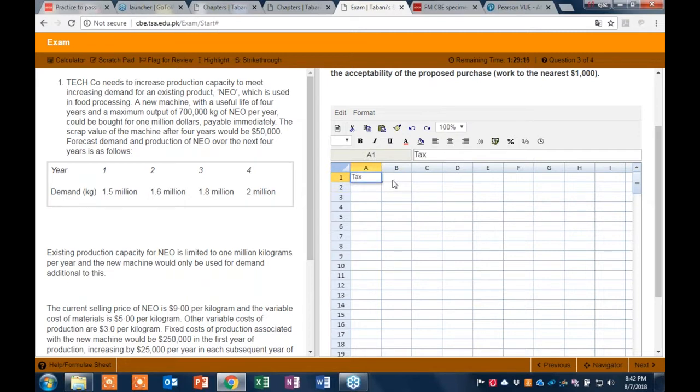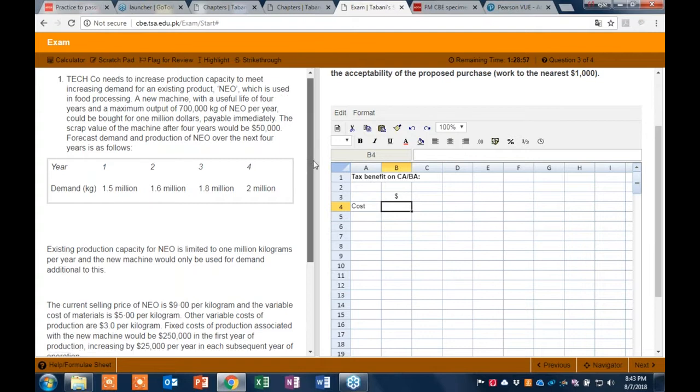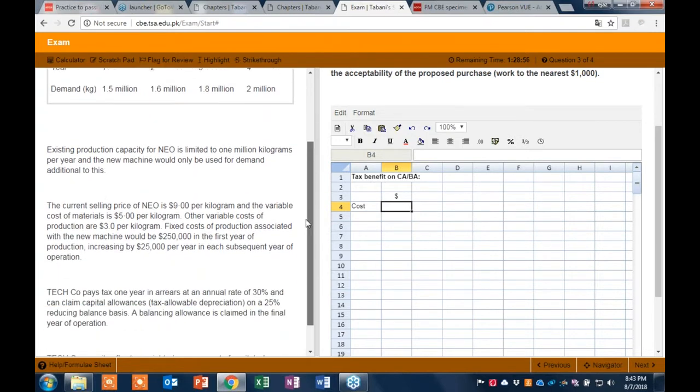So we'll place a heading for the working: tax benefit on capital allowance slash balancing allowance. Okay, let's place a dollar sign here. We'll start with the cost of the asset. So the cost of the asset is how much was required to be invested.